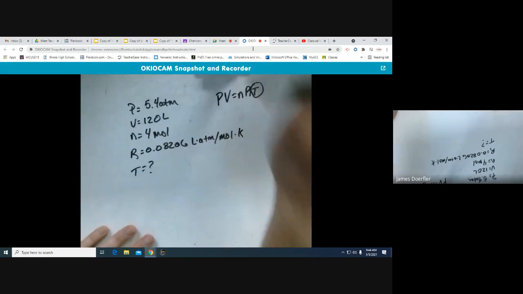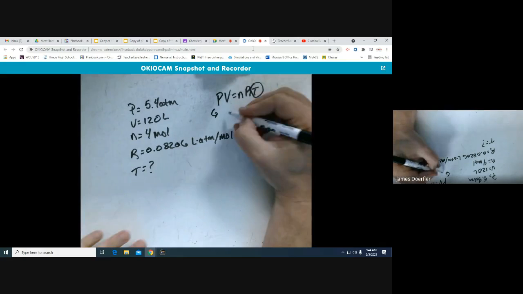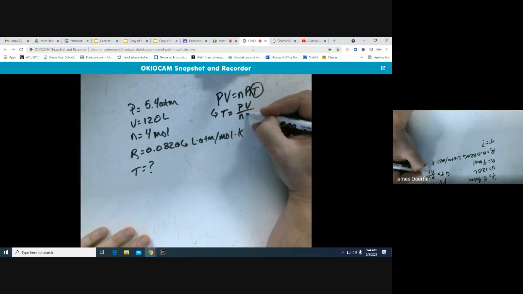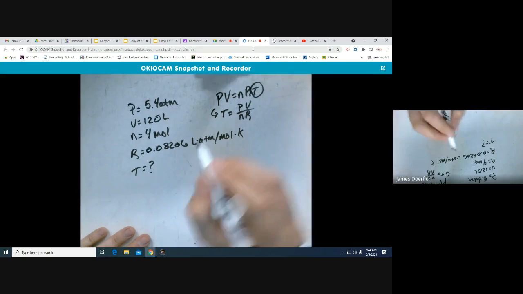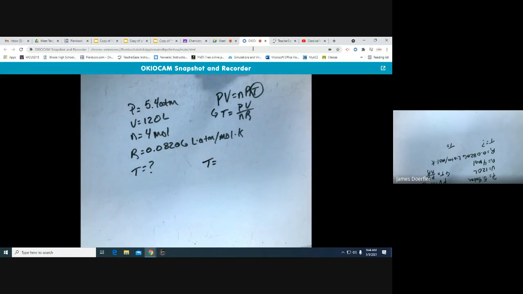So, taking the ideal gas equation and solving for T, we're going to have PV over nR. And so what I want you to do is plug in the values, solve for it, and provide the appropriate unit in your response.